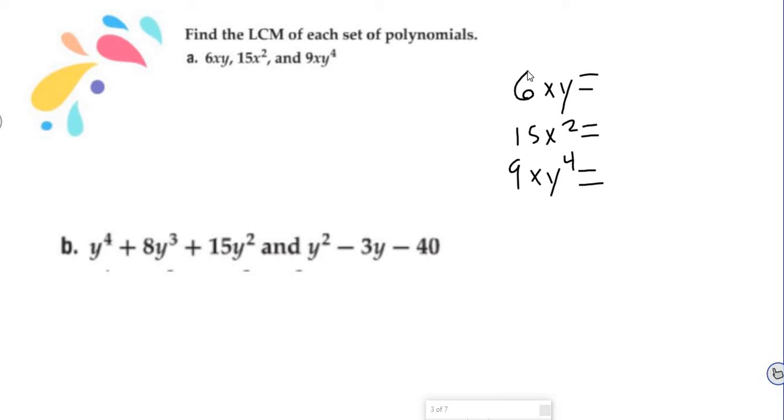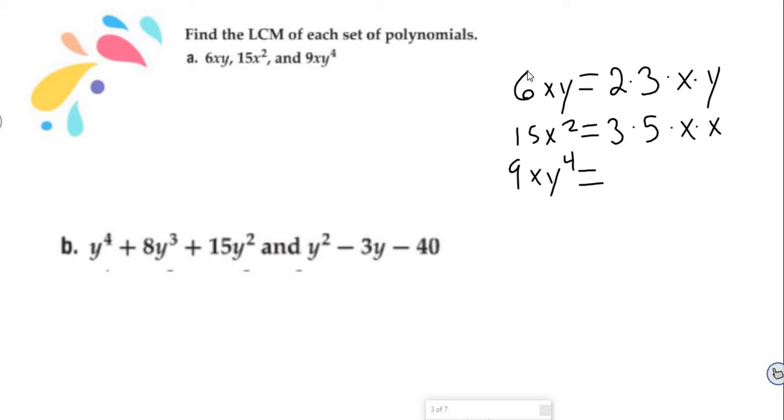So what are my factors of 6? 2 and 3. Well, my factors of x and y are just going to be x and y. Okay with that? Alright. So next up, what are my factors of 15? 3 and 5. And then notice that we have 2 x's this time.